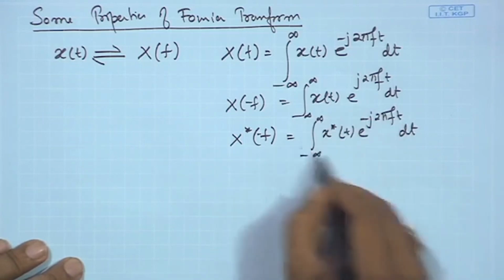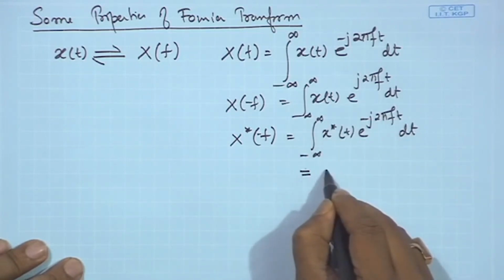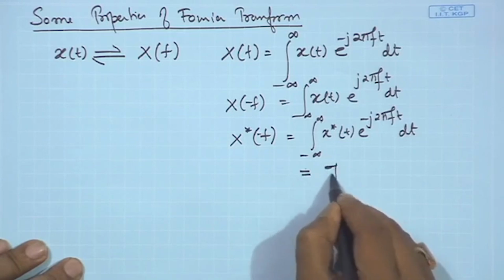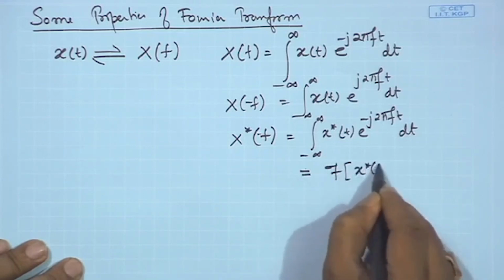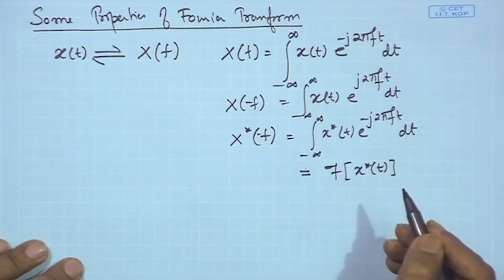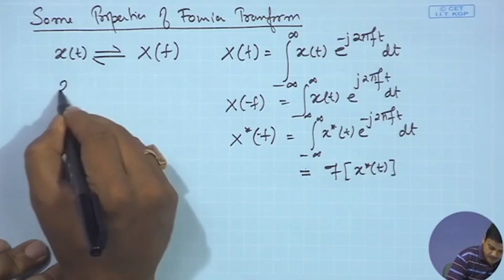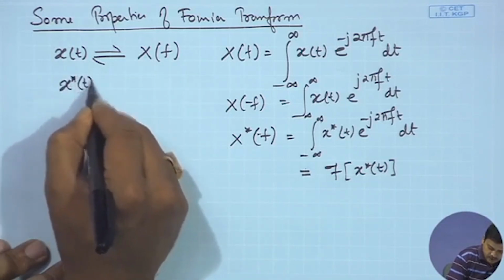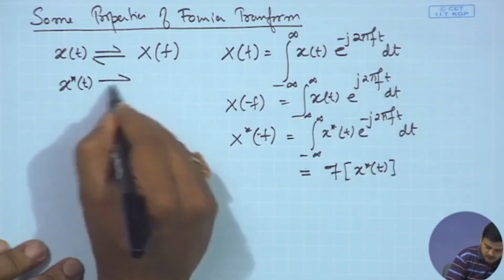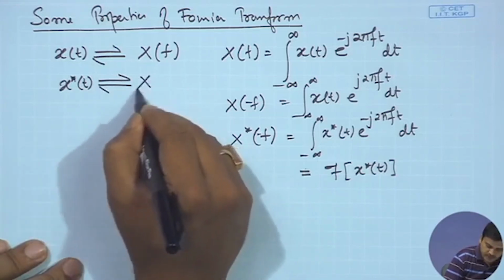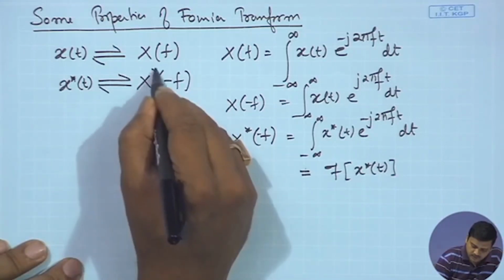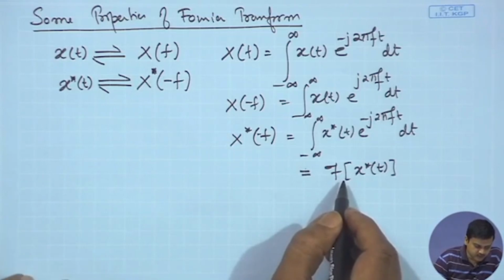So, if you look at this, you could say this is equal to the Fourier transform of x conjugate of t. And so, basically what we can say is, if I give you x conjugate of t, the Fourier transform would be X of minus f with a conjugate, as established over here.